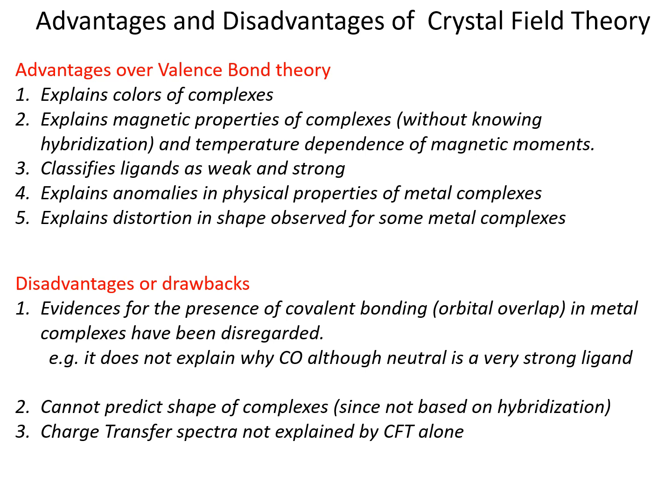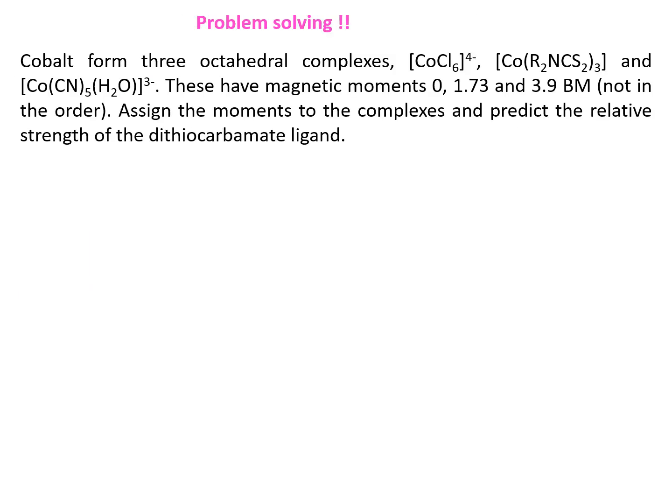Some of the disadvantages include: it does not explain why CO, although neutral, is a very strong ligand. It cannot predict the shape of complexes. And charge transfer spectra are not explained by CFT.